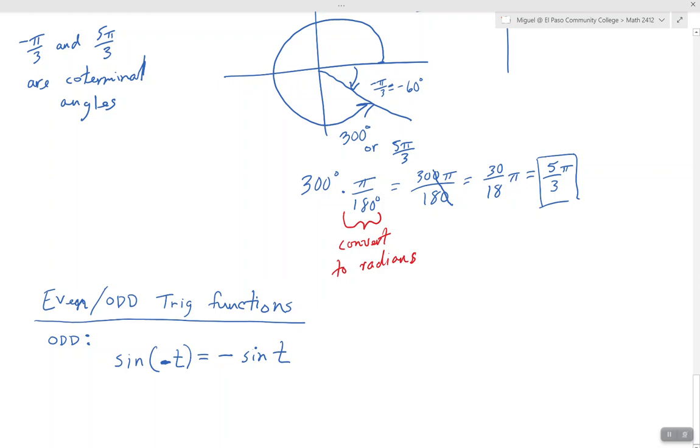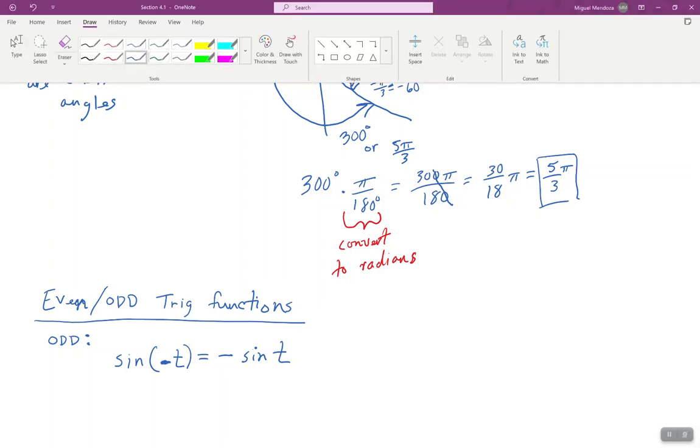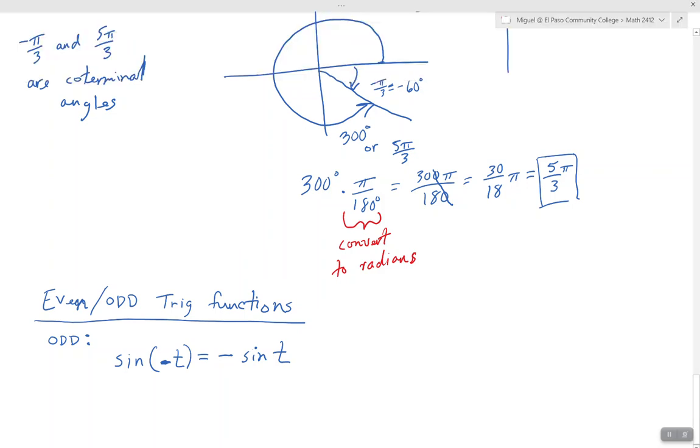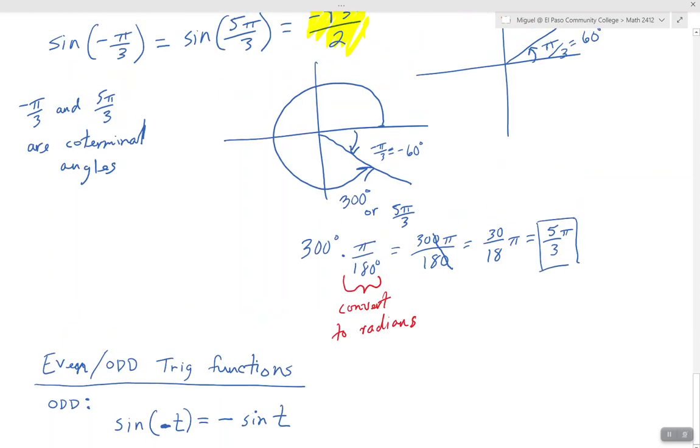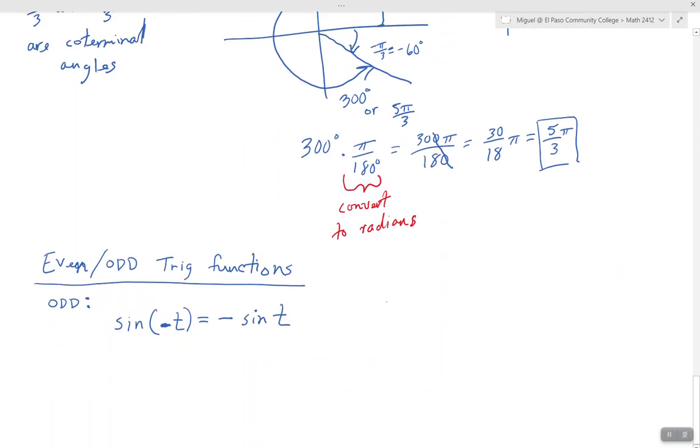So what does that mean for our previous example? Earlier when we had sine of negative pi over 3, we could have also changed this to negative sine of positive pi over 3, and they would be equivalent.